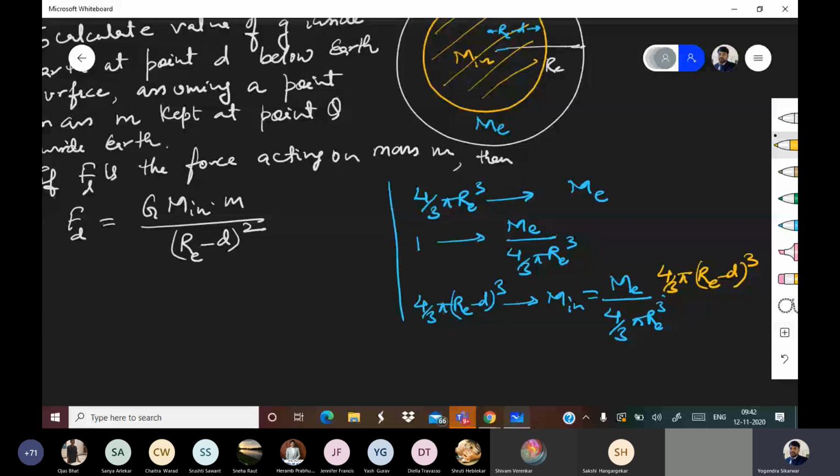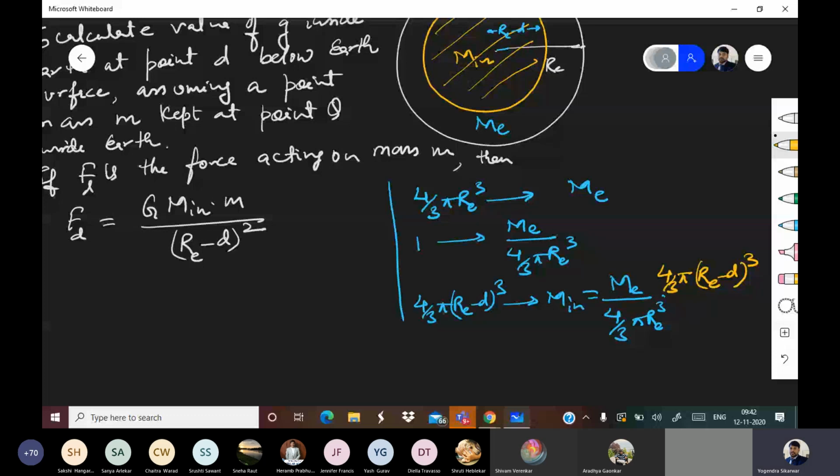So can you please explain again what you did with 4 by 3 pi r? Okay, listen very carefully. In the total volume of Earth, which is 4 by 3 pi RE cube, the mass is ME, correct? So in unit volume of Earth, how much will the mass be?